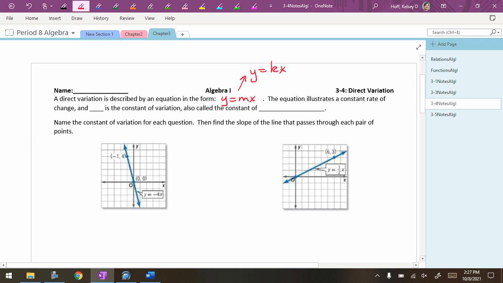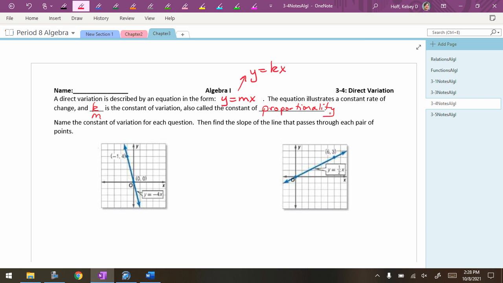The equation illustrates a constant rate of change, and k, or m, is the constant of variation, also called the constant of proportionality.